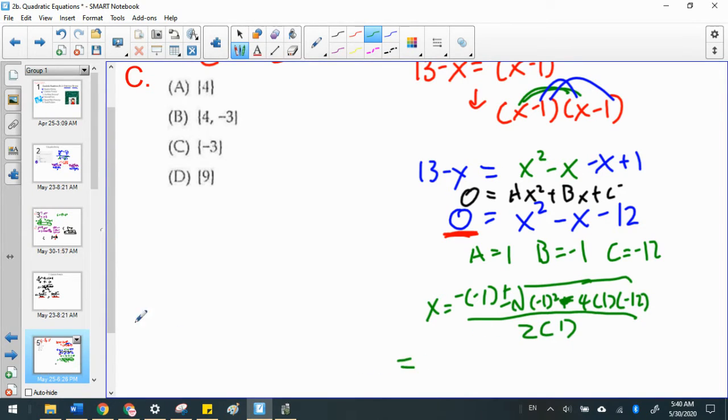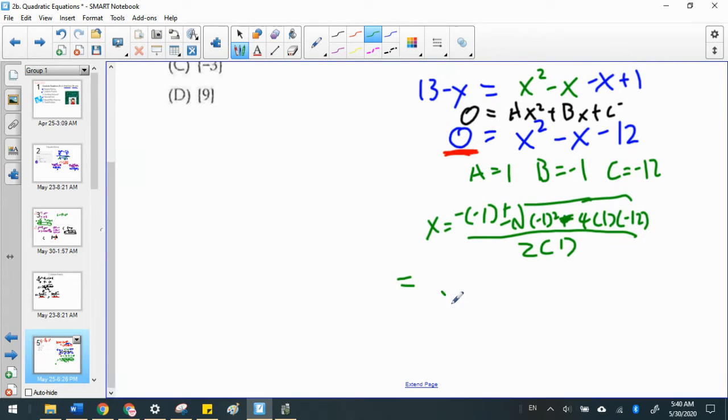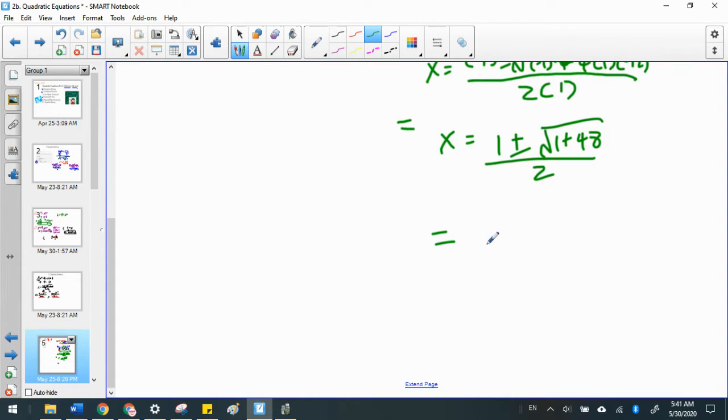And as we simplify this, we get x equals 1 plus or minus square root of 1 plus 48 over 2, which now is looking a little bit clearer as 1 plus or minus square root of 49 over 2, also known as 1 plus or minus 7 over 2.